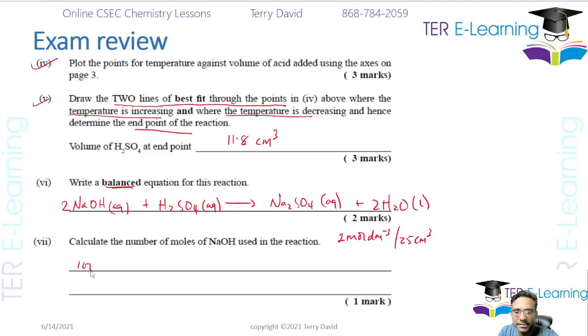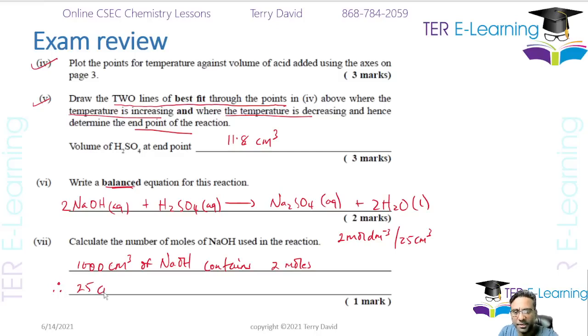So all we need to do is say 1000 cm cube of NaOH contains 2 mole. Therefore, you want to work out for 25.